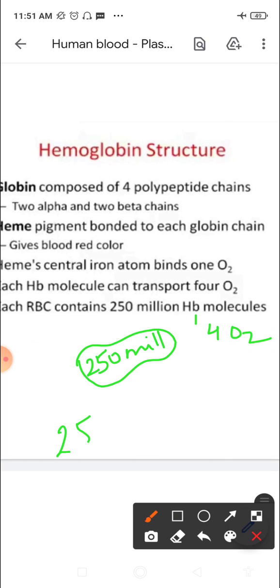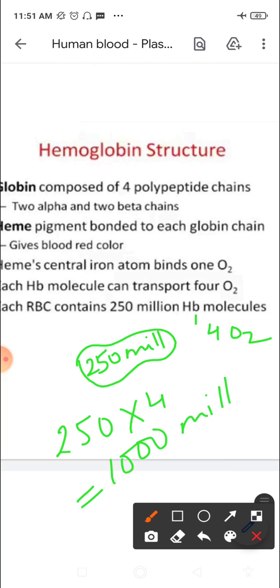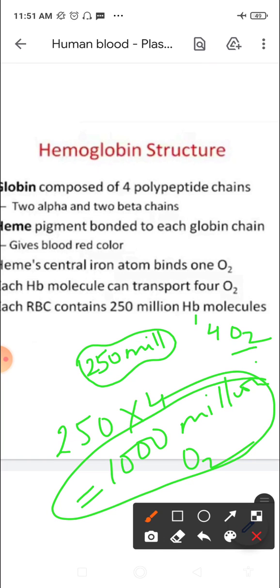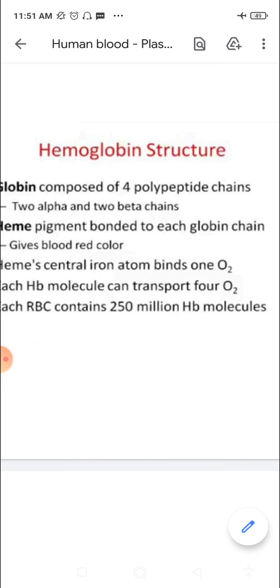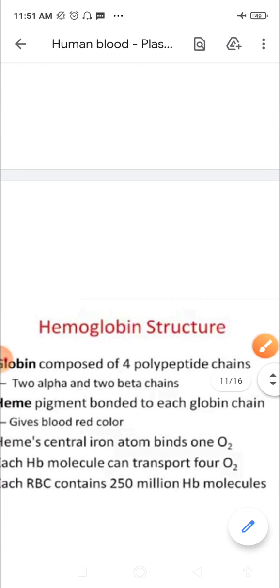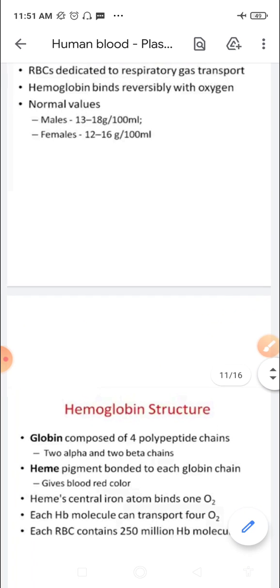So if you multiply 250 by 4, it will come to 1000 million oxygen atoms that it will carry. So you can imagine 1 RBC can carry almost this much oxygen. So that's about the structure of hemoglobin.